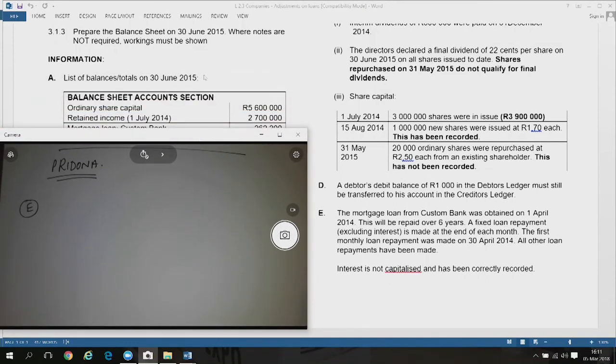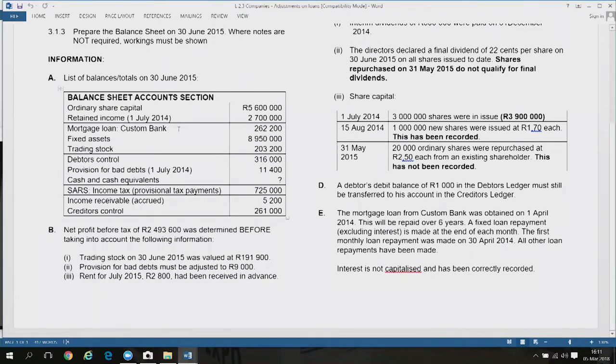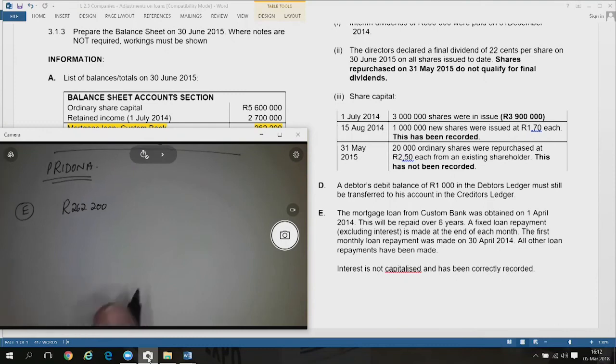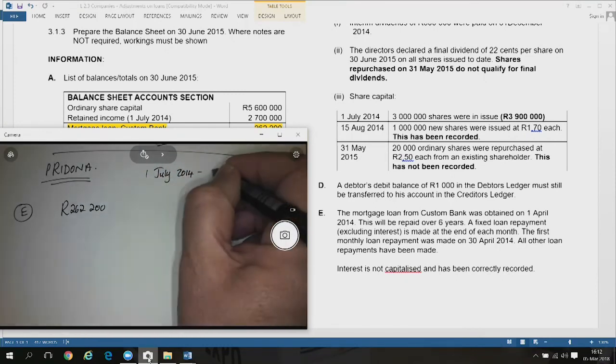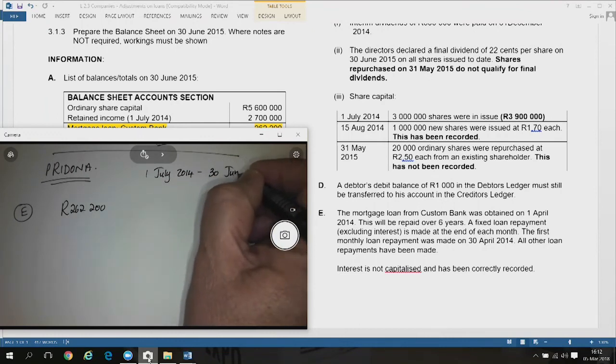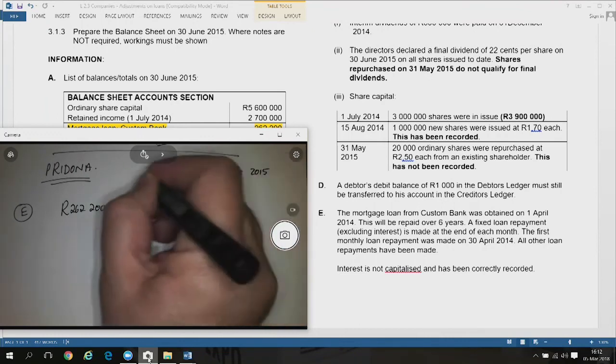In your list of balances, the loans show a mortgage loan from Custom Bank, 262,200. Our accounting period is from the 1st of July 2014 until the 30th of June 2015.